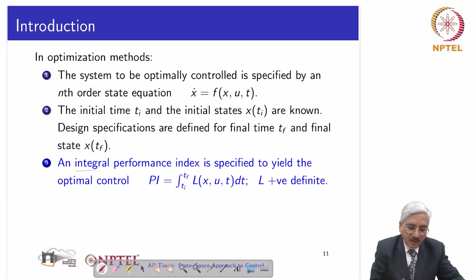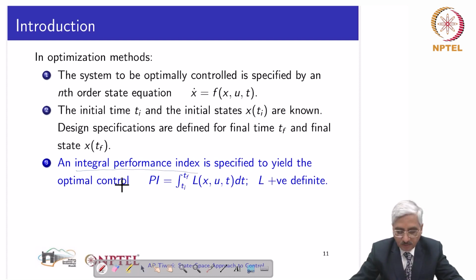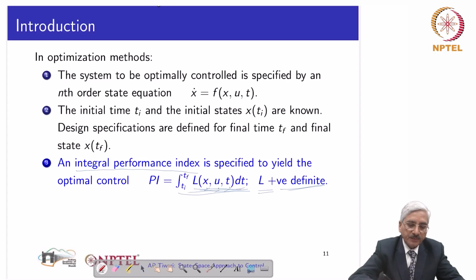And an integral performance index is specified to yield the optimal control, given in terms of a functional L which is positive definite. So the performance integral is an integration of L, the arguments of which are x, u and t, the state, the input and the time in general, integrated from initial time ti to terminal time tf, L being positive definite.